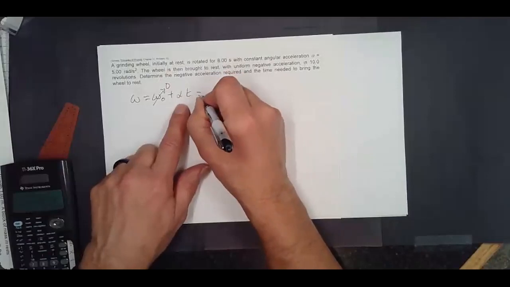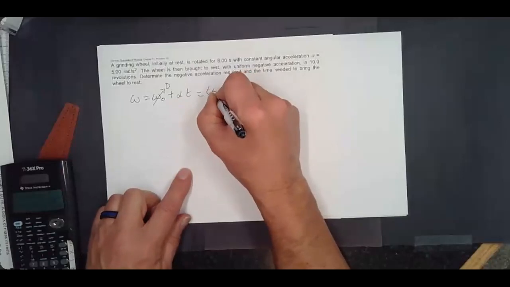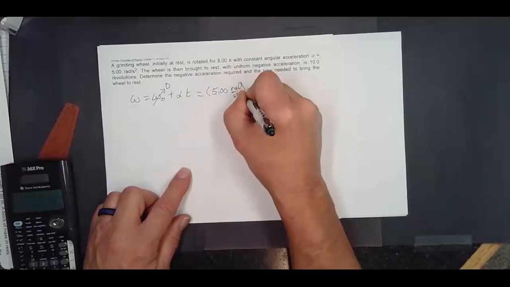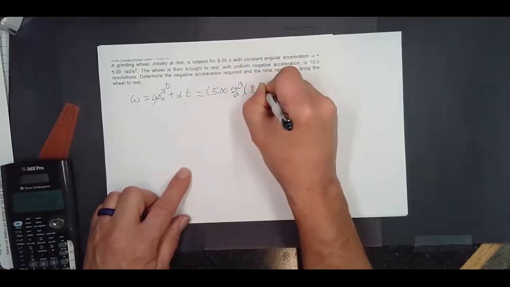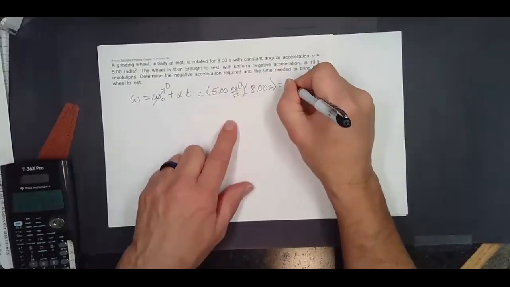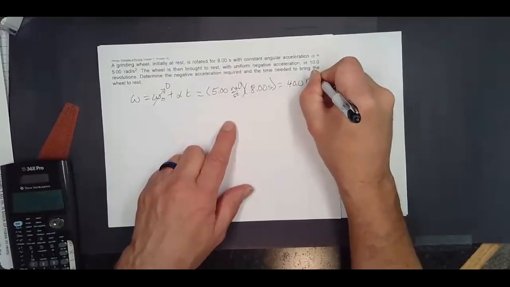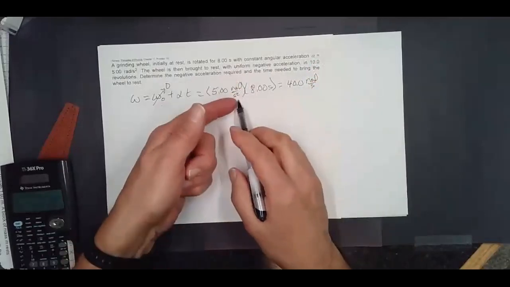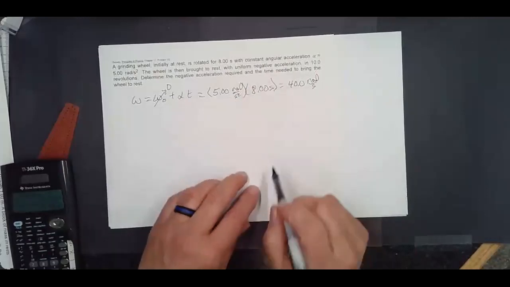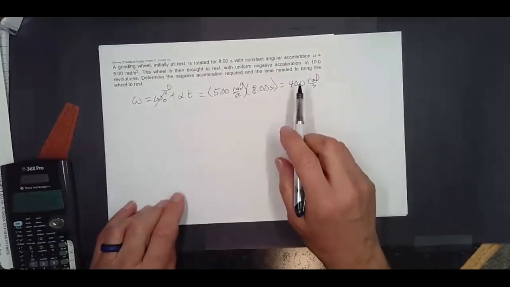And this will equal 5.00 radians per second squared times 8.00 seconds, which is 40.0 radians per second. Radians per second squared times seconds, one of the seconds will divide out and you'll have radians per second.